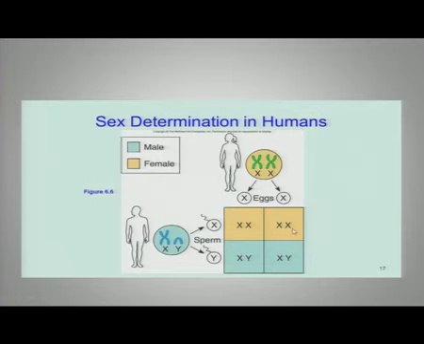So, here you can see the situation, female with XX chromosomes and male individual with X and Y chromosomes. Female produces the same type of gamete, autosome and X chromosome only, and the male produces two different types of gametes, autosome with the X chromosome and autosome with the Y chromosome.